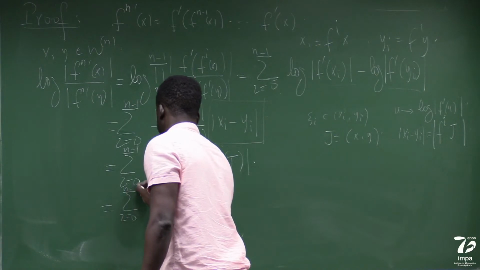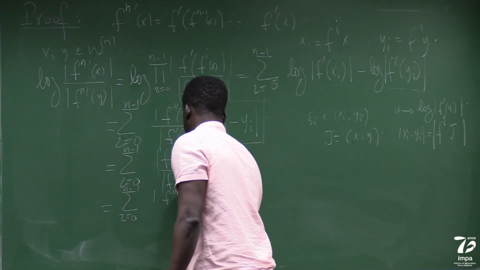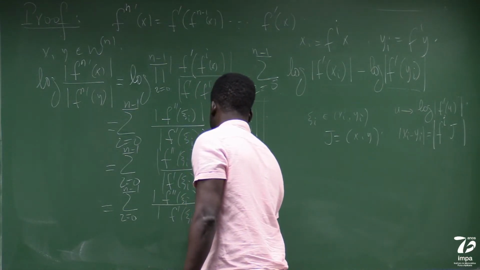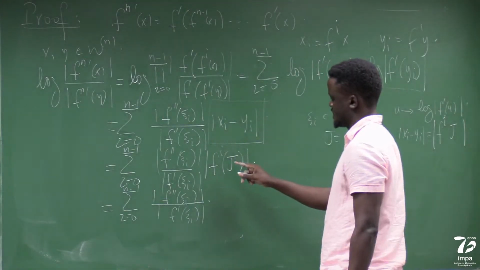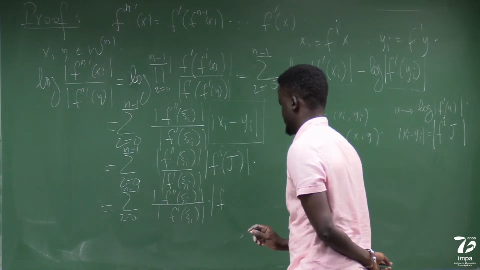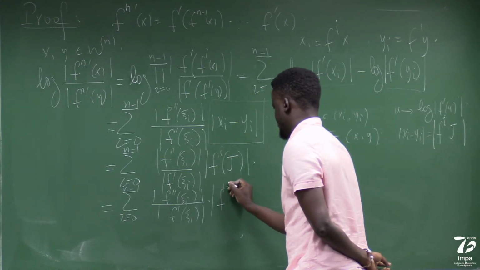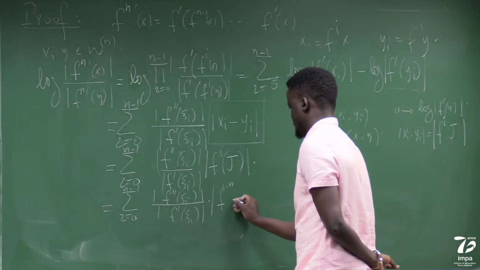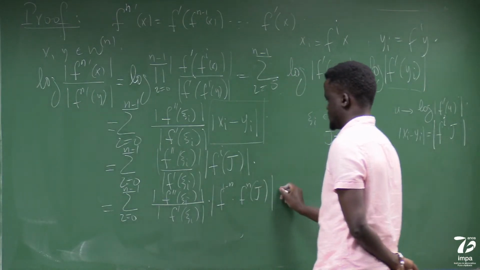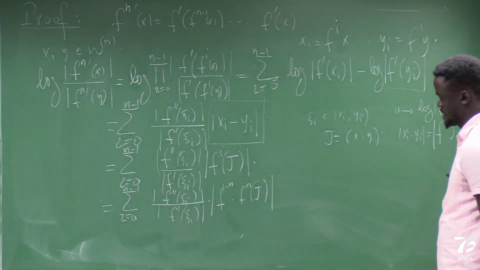The sum for i equals 0 to n minus 1 of f double prime xi_i over f prime xi_i. This you can write as f^(i minus n) and f^n. I did nothing, I just add and subtract n.